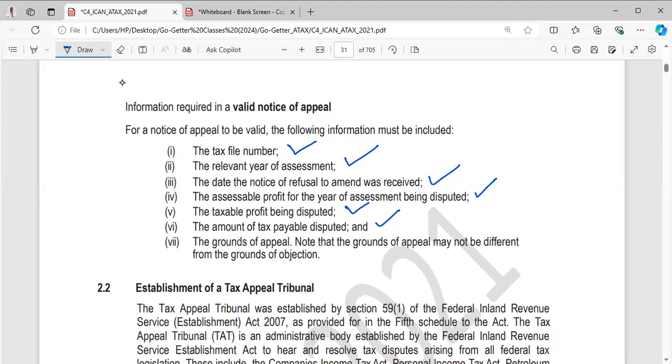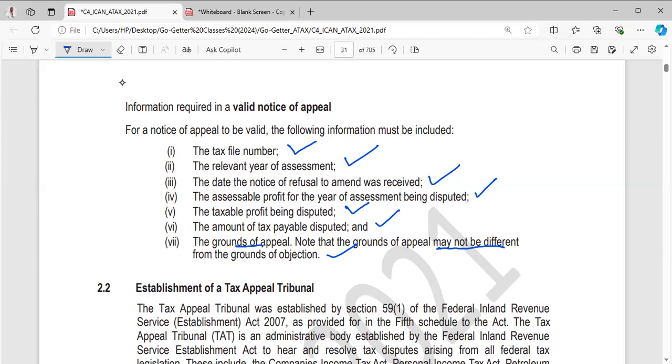Then you will state the grounds for appeal. Now note, the grounds for appeal may not be different from the grounds of objection. So the reason for objecting in the first place should also be the same reason for appealing.